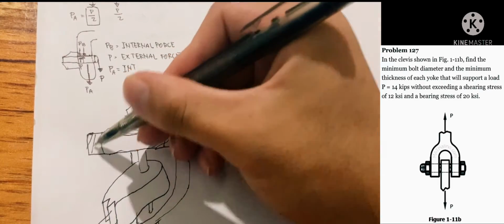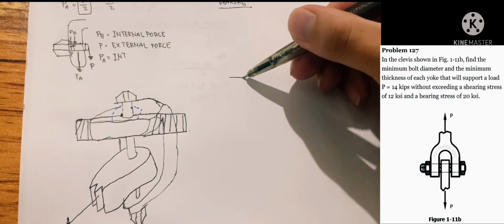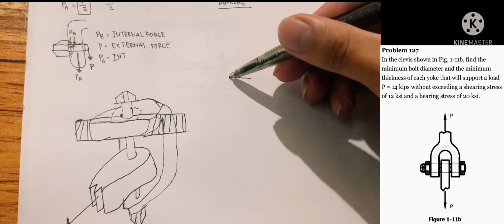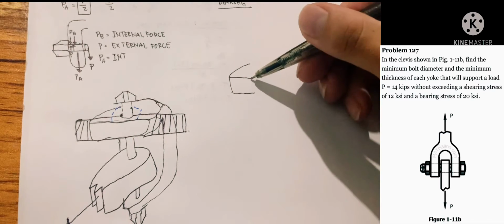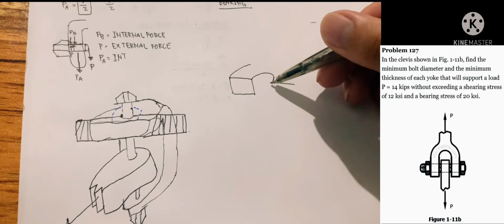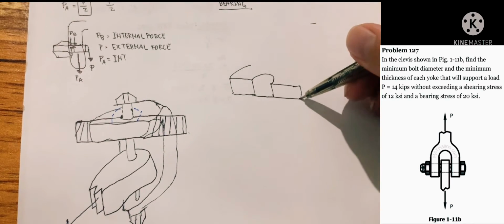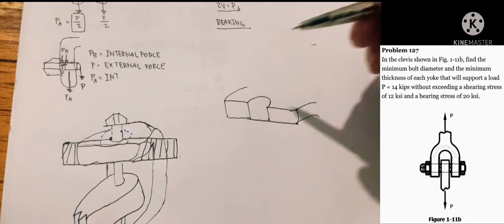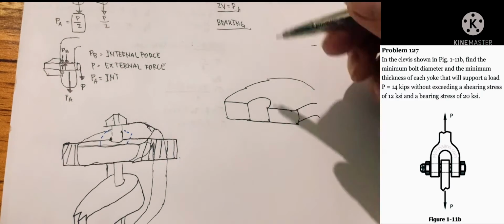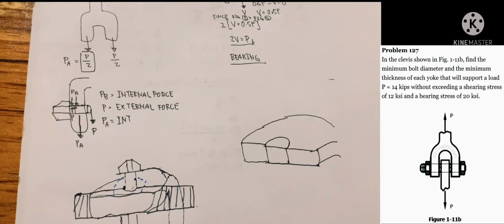If we cut at the middle of the bolt, we will consider our largest area that is resisting the bearing, the contact pressure, and we would have the figure where we can see the area of the bearing and its dimensions.